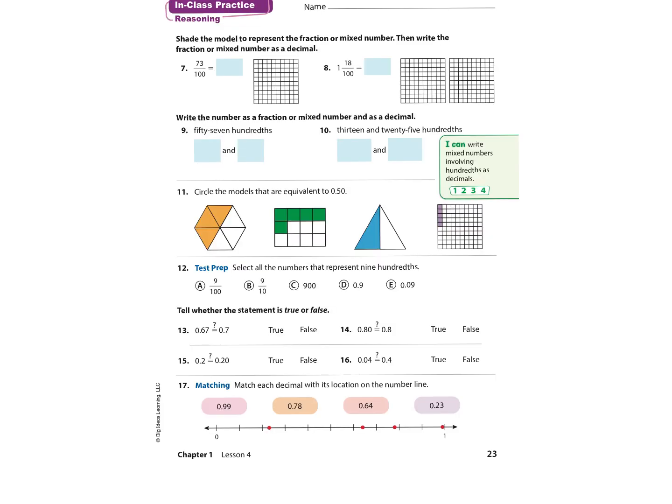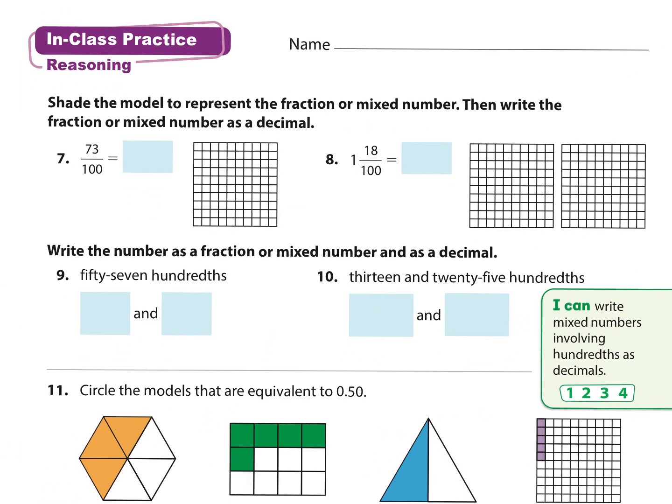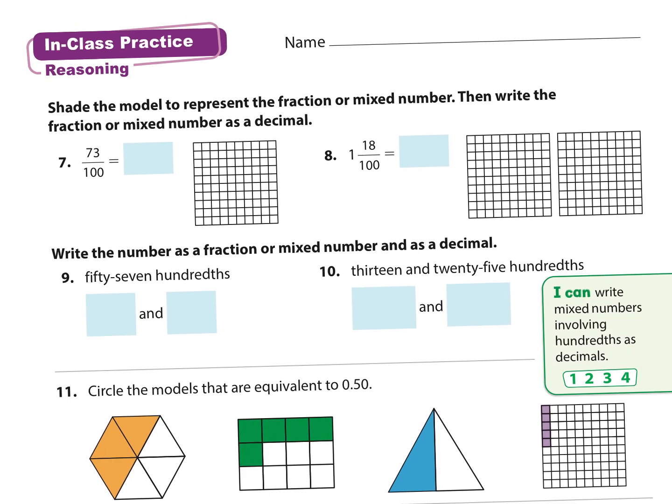Okay, moving on to number 7 on the next page. This time I get to write the decimal, but I also get to complete the model as well. So on number 7, I'm going to write my decimal first, 0.73. But I'm also going to shade in 73 hundredths. So how many little tiny squares do I have to shade in? 73.